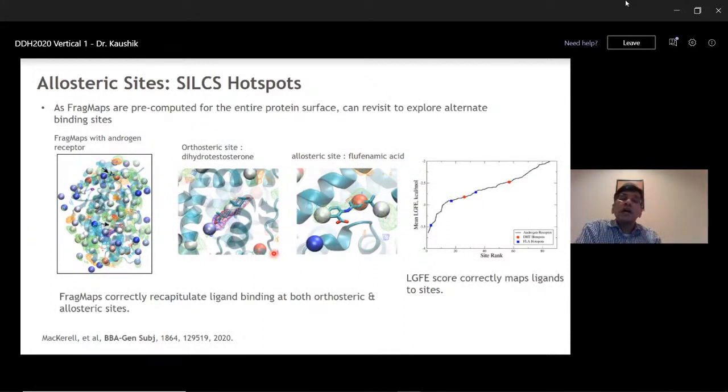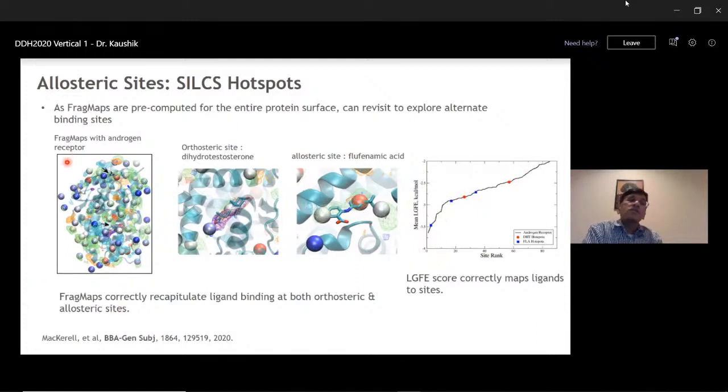What we noticed is, if you go back, you do see a good overlap between the flufenamic acid's functional groups and how the affinity patterns were obtained for the different functional groups from the silk simulation at that site. And now if you use ligand grid free energy as a way to rank order these given sites, you actually see that the trend holds up.